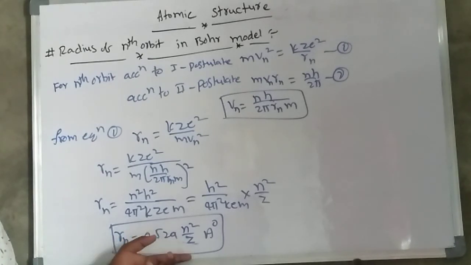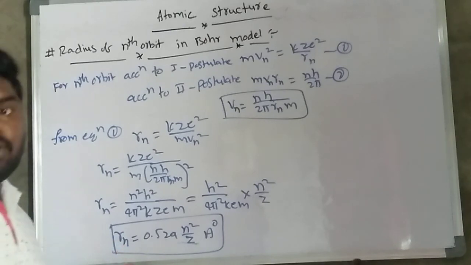Depending on these two, the rn value changes. This rn is the radius of the nth orbit in Bohr's model.